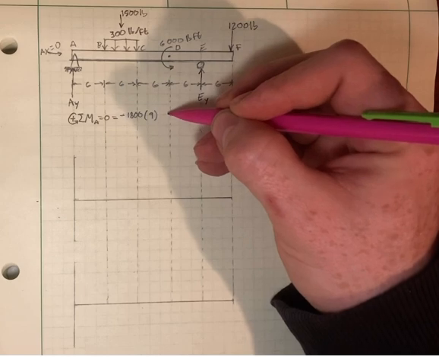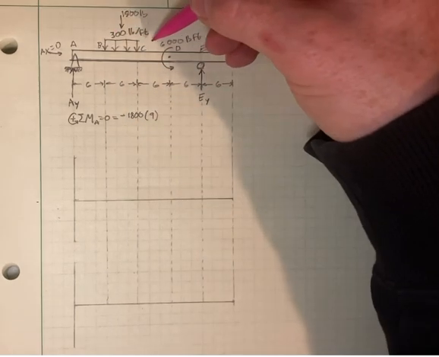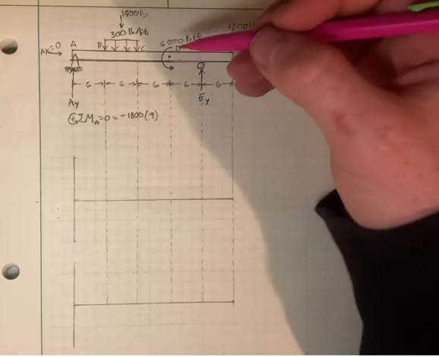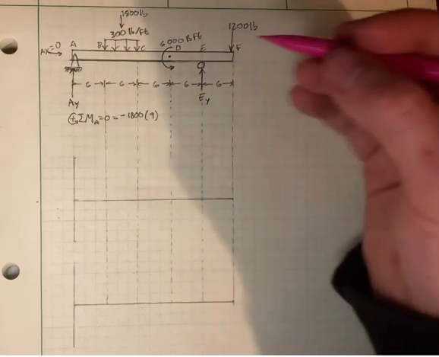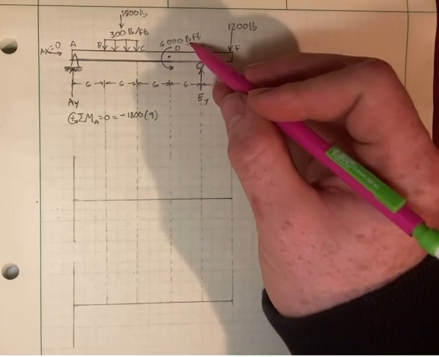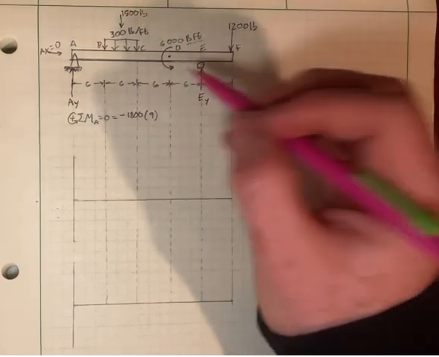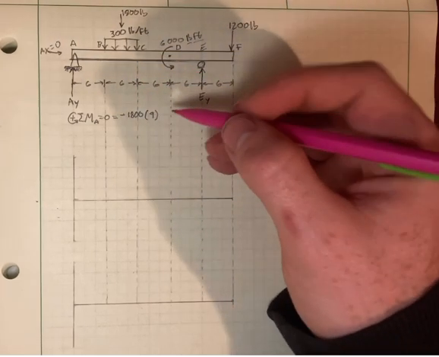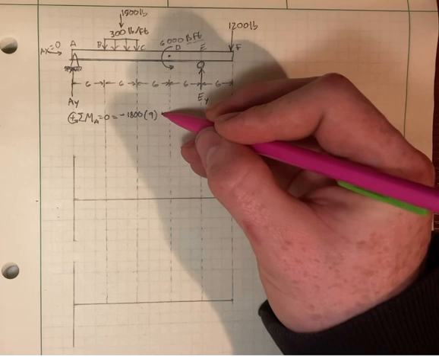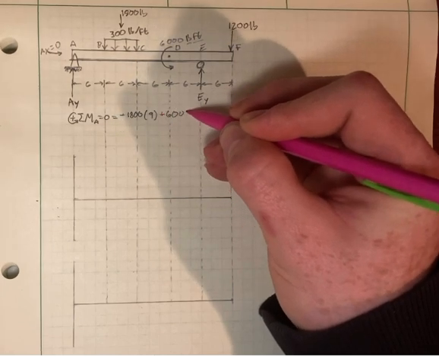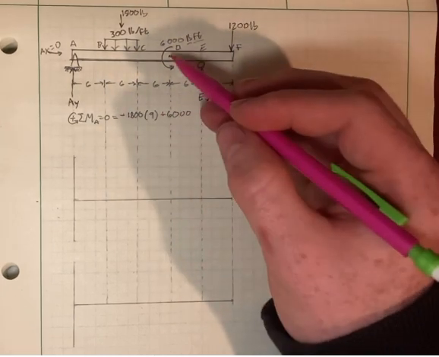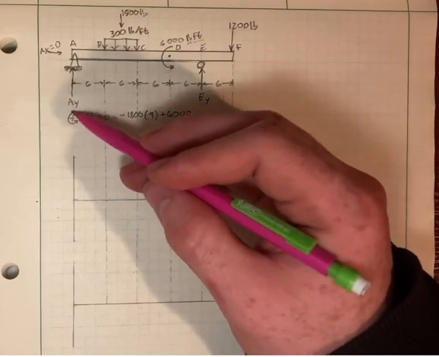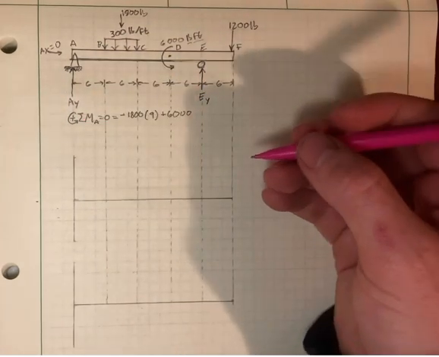And then keep going, left to right. Our next thing, a moment. Moments are in pound feet, so we don't need to care about the distance from A that moment is. We're just going to put it in there as plus 6,000, and it's positive because it's going in the same direction as my positive sign convention.